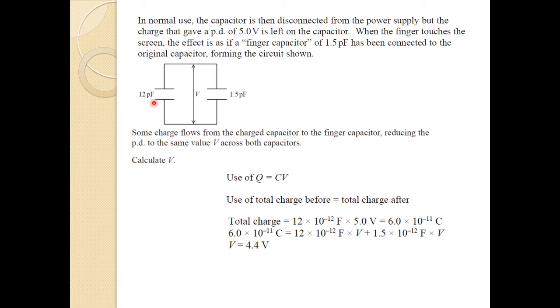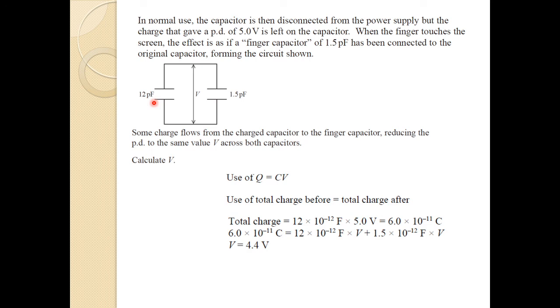Capacitance remains the same, it's not changed, like a 1 liter bottle, whether it is full of water or half full of water, we call it a 1 liter bottle. When it is half filled, the bottle does not become a 500 milliliter bottle, it is still a 1 liter bottle, but it is half filled.